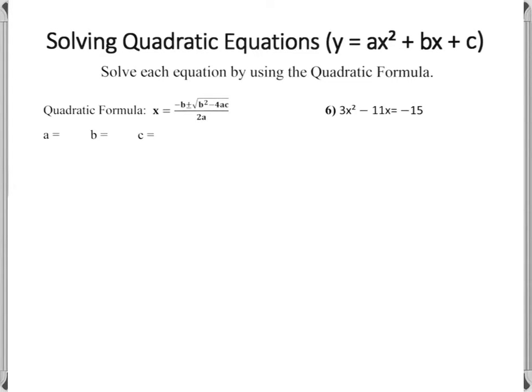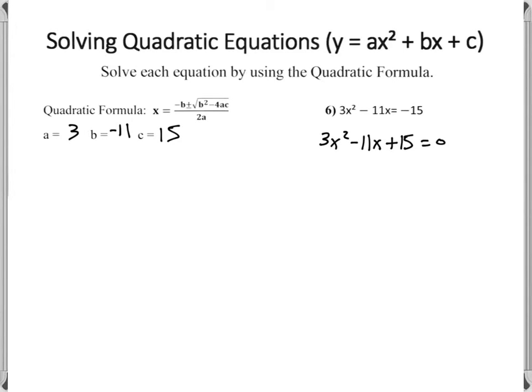And then the last problem, we've got 3x squared minus 11x minus 15. Well, before we start, we need to move the 15. So when we move it over by adding, we get 3x squared minus 11x plus 15 equals 0. So this means that our a value is 3, b is negative 11, and c is 15.